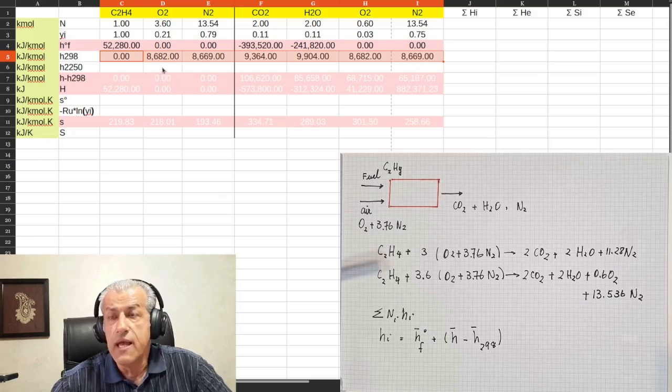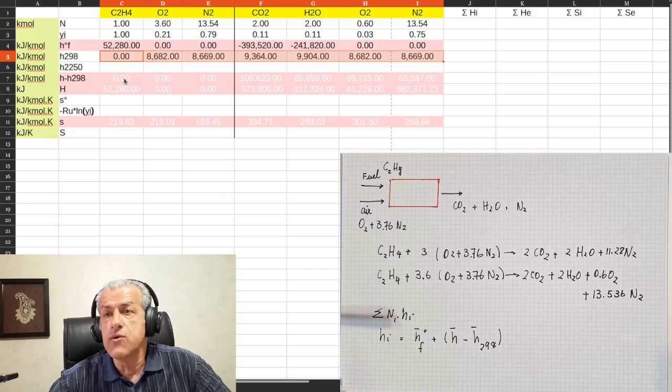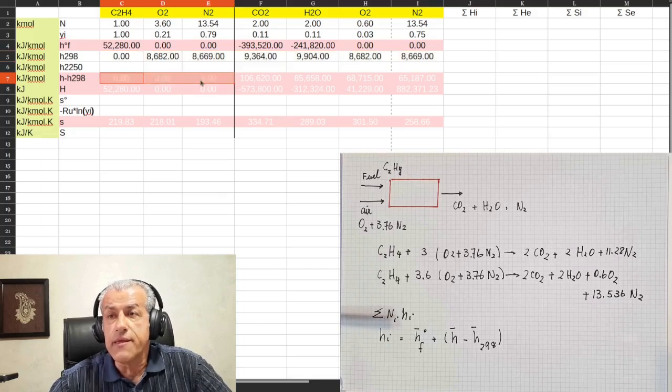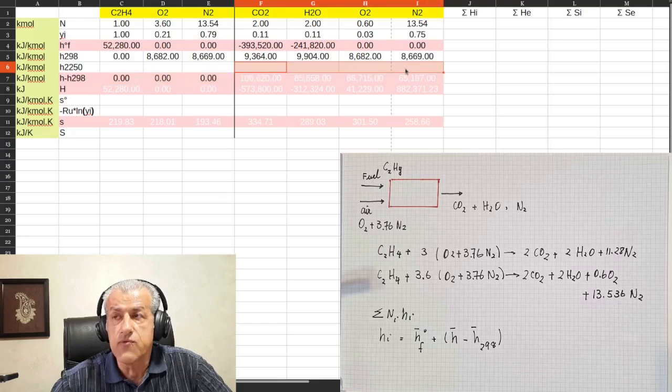Of course, the point is that they enter at 298, and this is also the enthalpies at 298. So the H minus H at 298 would be 0 for all three of them because they enter at 298. Nevertheless, at 2250, the enthalpies of the products would be different.